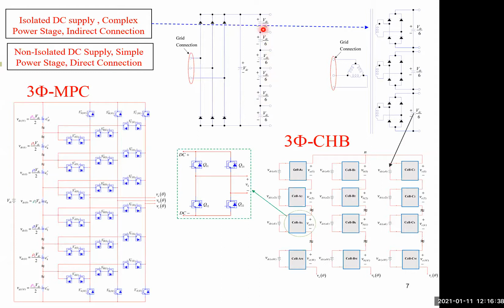Of course, you need to balance these voltages under the operation of the multi-level inverter, and the balancing is handled from the inverter side by implementing a control scheme that measures the voltages and changes the switching state using redundancy switches to maintain a balanced DC bus. However, clearly, as you can see, because this is much simpler, MPC topologies are more suited for three-phase application than cascaded H-bridge based topologies.